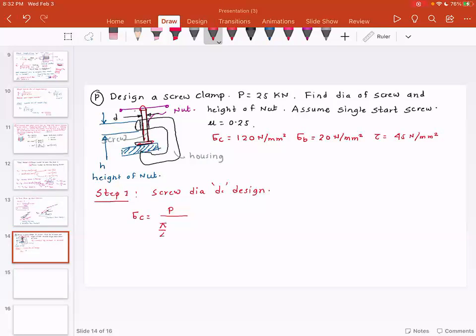The cross-sectional area is pi by 4 DC square. Now sigma C, which is 120, is equal to 25 times 10 to the power 3 divided by pi by 4 times DC square. This gives me the value of DC about 17 millimeter.